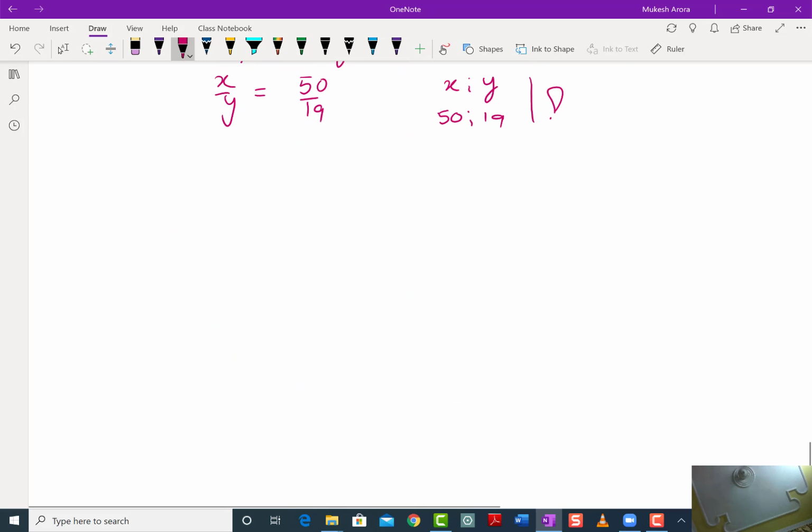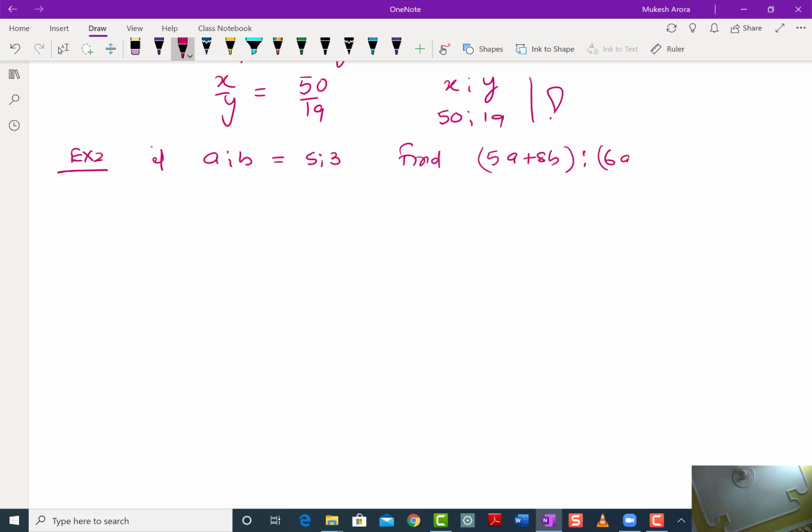Now the second sum is of a different kind. The second sum is: if a ratio b is 5 ratio 3, find 5a plus 8b ratio 6a minus 7b.